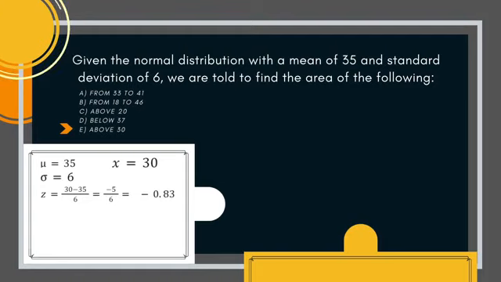Use the z-score table to determine the area of the decimal value that we got, and we would find out that its equivalent is 0.2967.